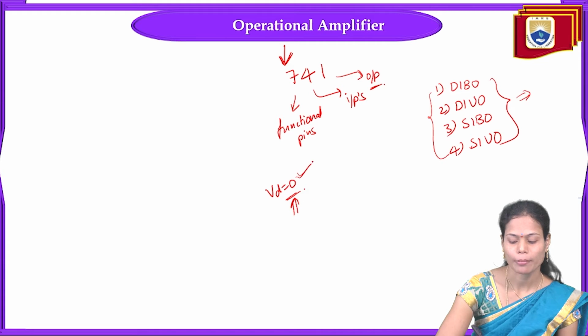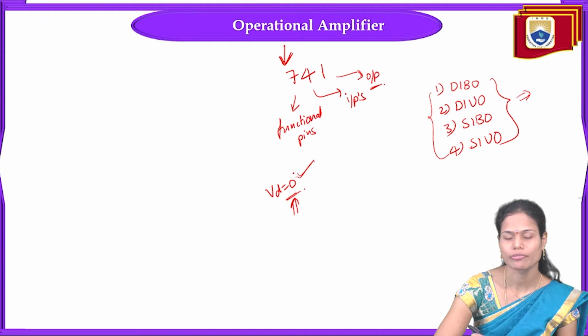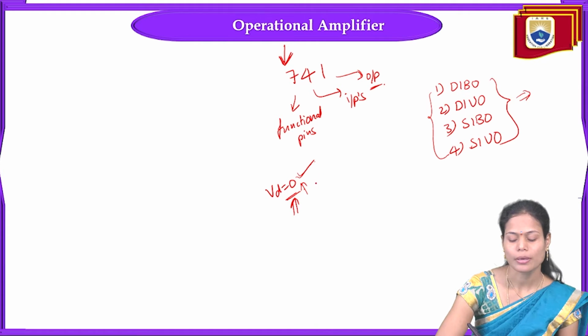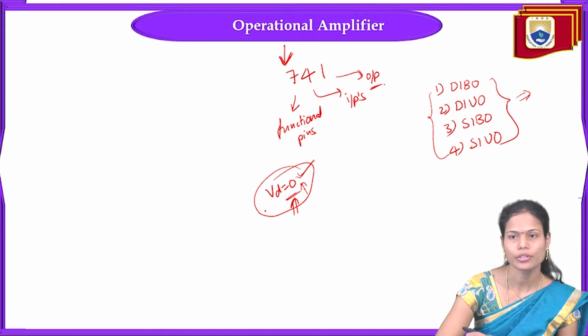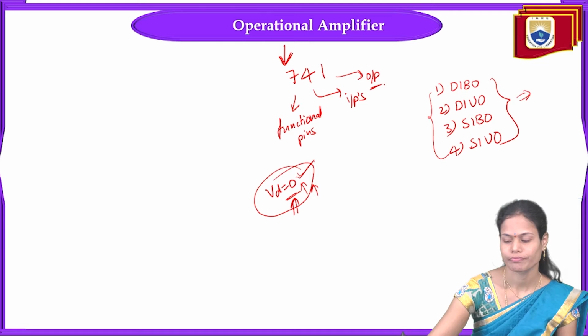This is the main requirement for the operational amplifier to run for any particular application. Why? Because if this value is present, there is a variation in the output signal. So to overcome that, we always have to try to make this value 0 in practical cases.